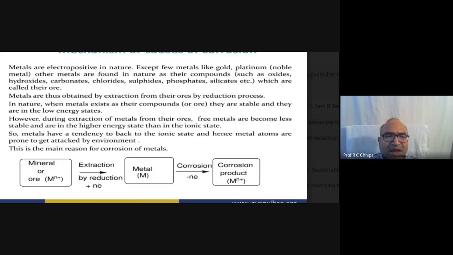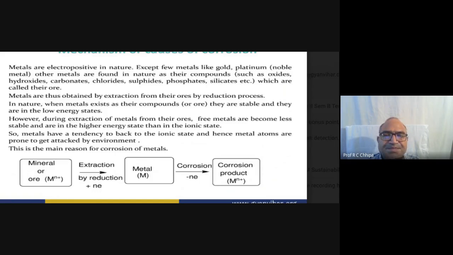Except a few metals like gold and platinum, those are noble metals. Other metals are found in nature as their compounds, the combined form of the element, such as their respective oxides.